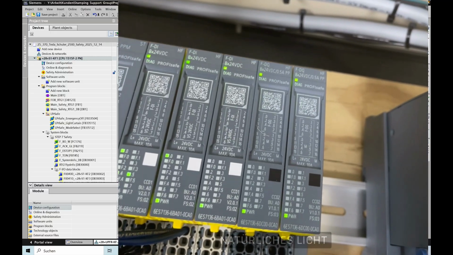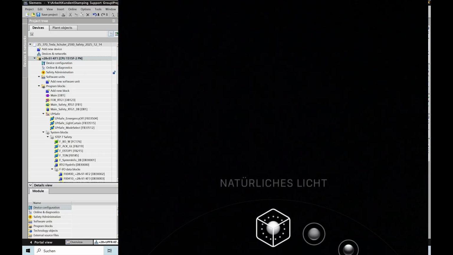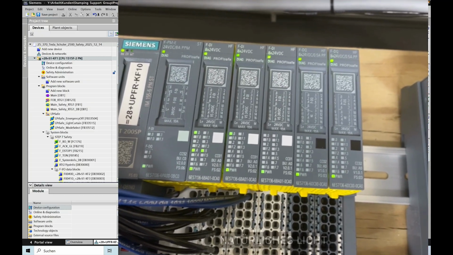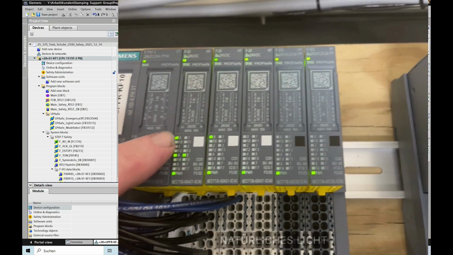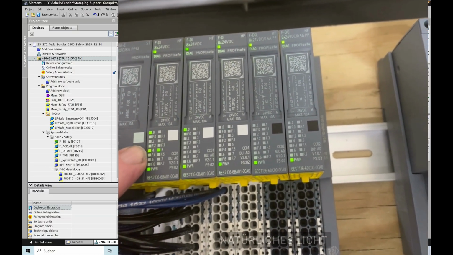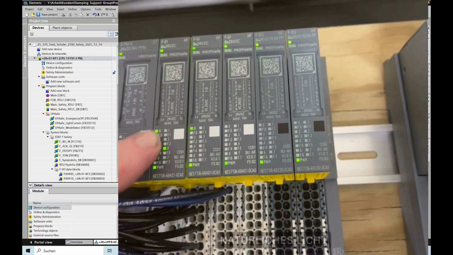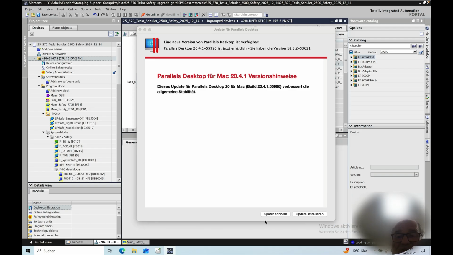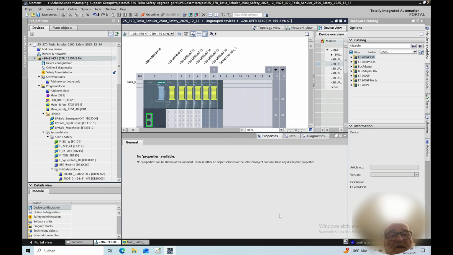Now I can't get my E-stop out. Hang on a second. Yeah, it actually did change. So let's do that again. Yeah, you can see the 0 turns off and the 4 goes on, respectively. The 1 and 5, sorry, which is channel 2, we can see that on here.